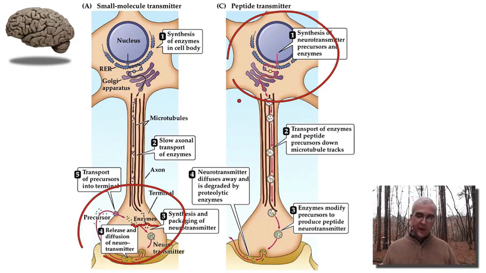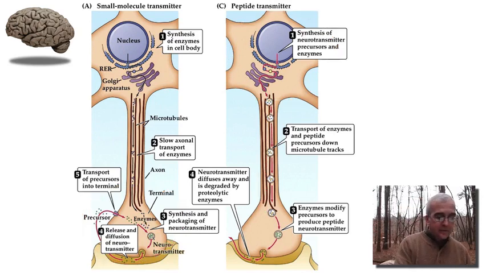Meanwhile, this peptide can be packaged into a vesicle of some sort and then transported down the axon. Along the way, further modifications or perhaps cleavages of that peptide can occur as the initial product of the transcript is processed and prepared for its active function in the presynaptic terminal.